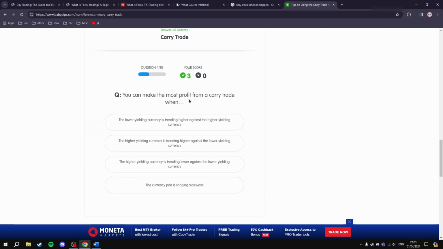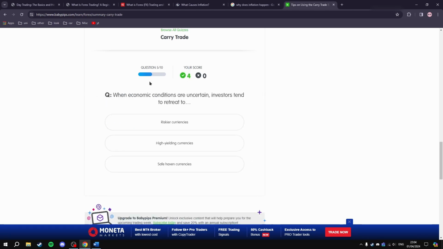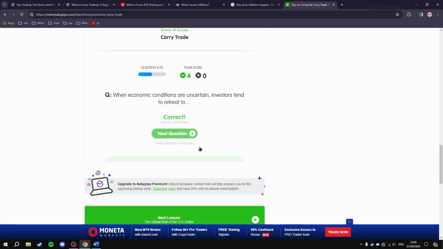You can make the most profit from a carry trade when the higher yielding currency is trending higher against the lower yielding currency. When economic conditions are uncertain, investors tend to retreat to safe haven currencies.